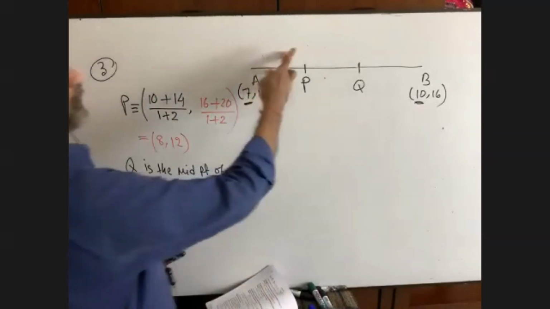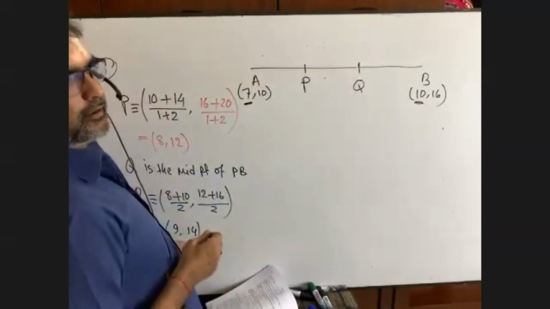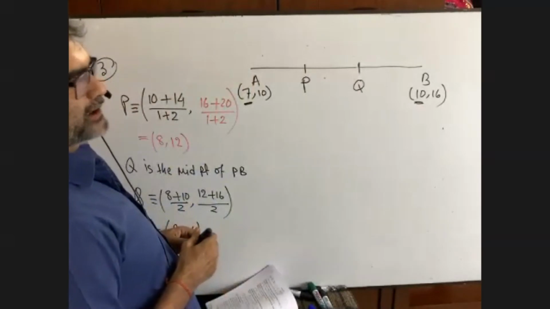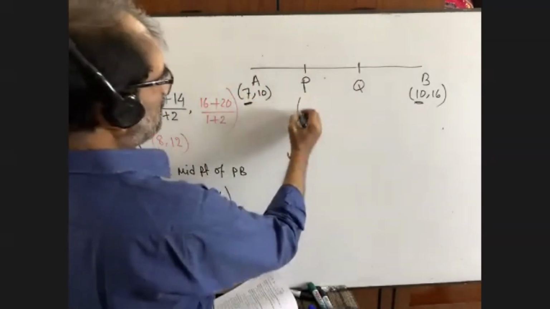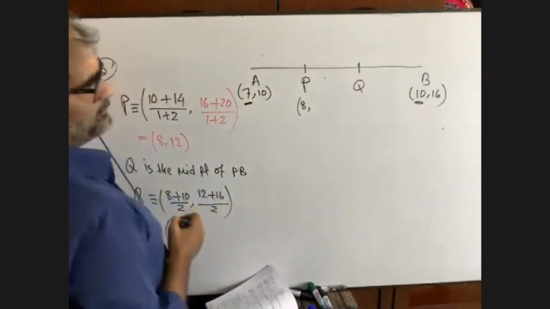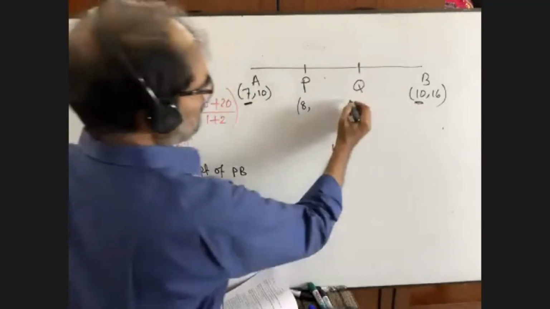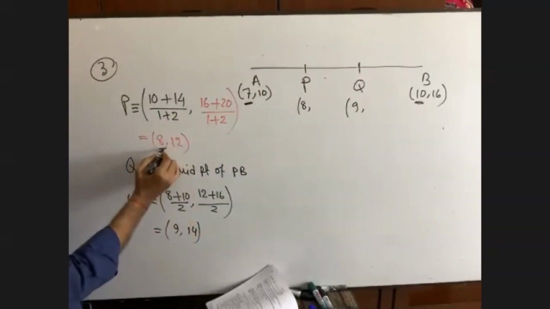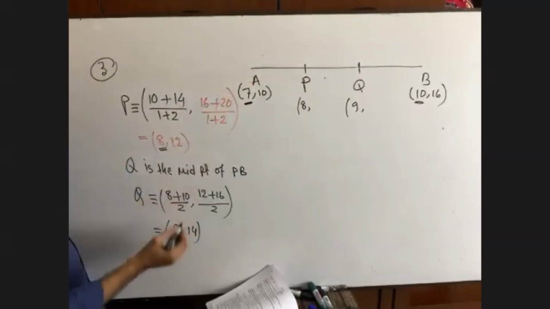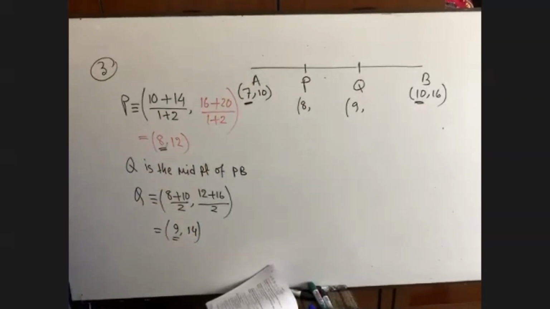So 3 equal parts, right? So 7 plus 1, it will be 8. 8 plus 1, it will be 9. You see, for P, at first we have got 8. For Q, at first we have got 9. Am I right? Yes, sir.